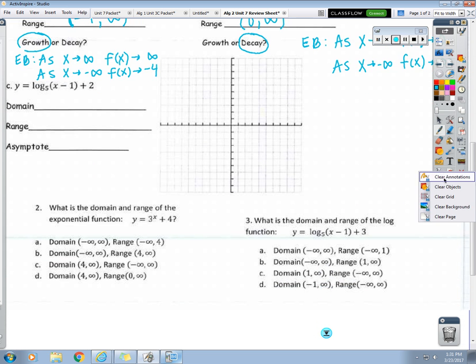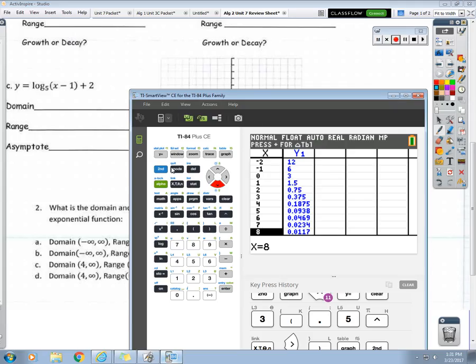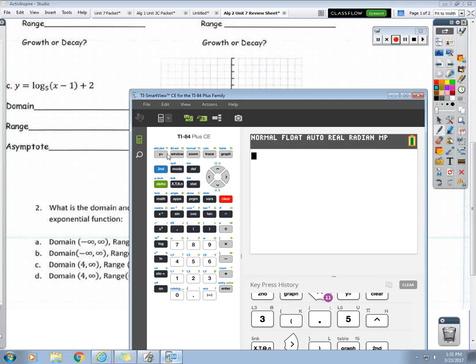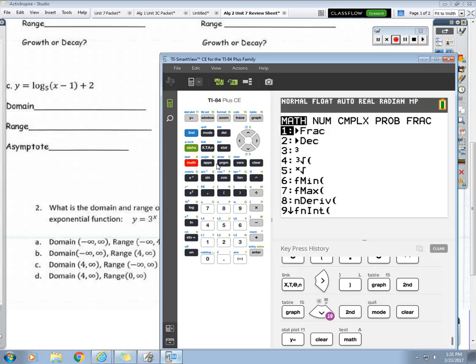Okay, letter C. This time we're going to be graphing what type of function? A logarithmic. And the most obvious reason for that is the word log. Okay, so I'm not going to tell you tomorrow, so you need to know when you go to graph this, how do you type in this log base 5? Math.